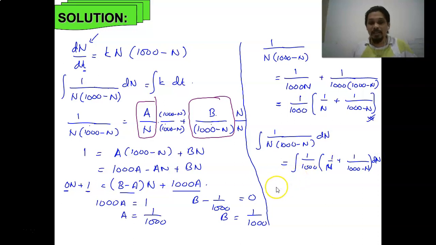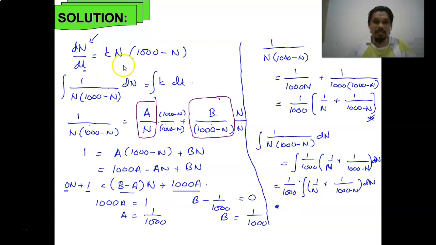Take 1 over 1000 as a constant, so 1 over 1000 times the integral of (1 over n plus 1 over 1000 minus n) dn. So it is now equal to, okay, and this one represents this.